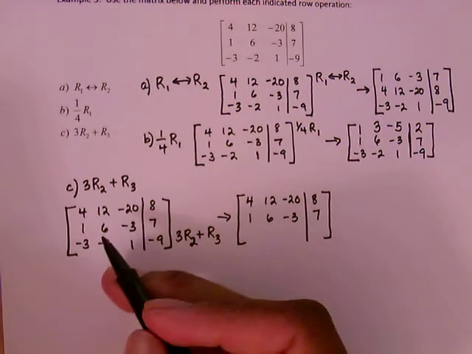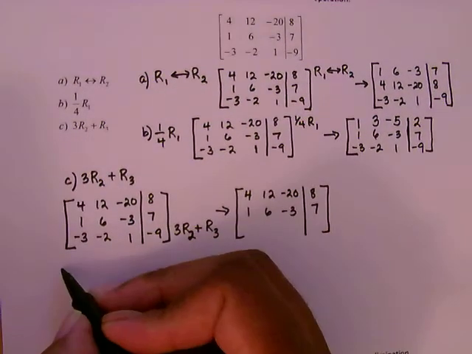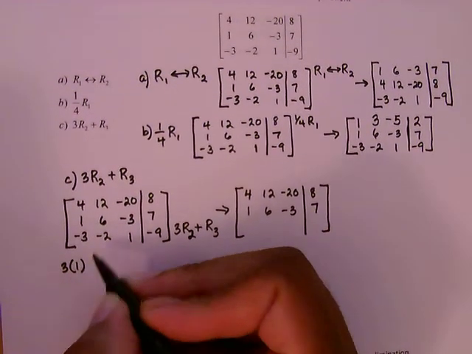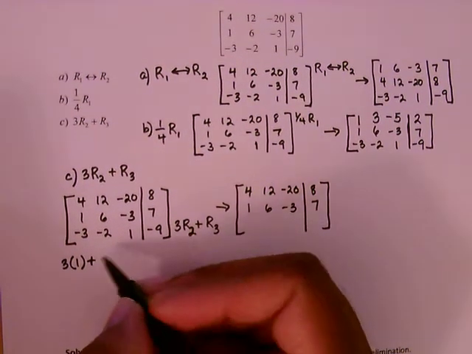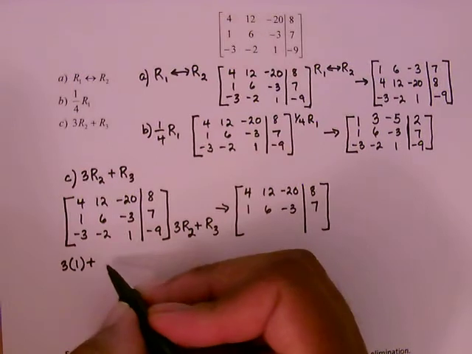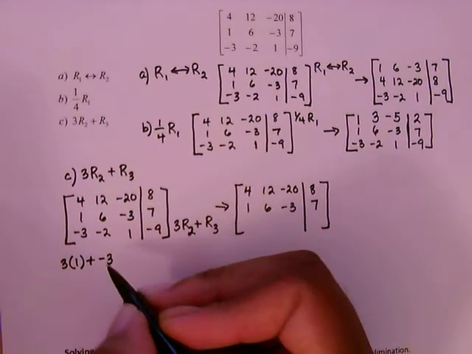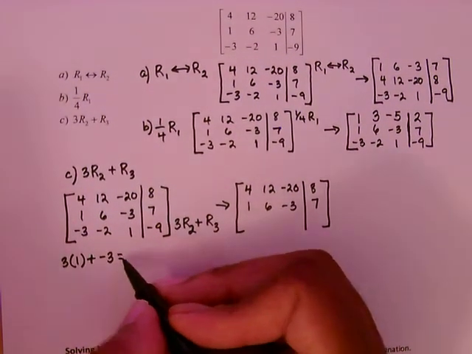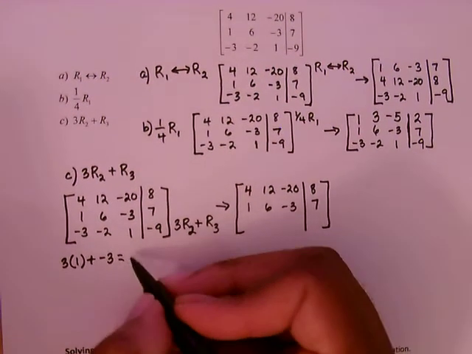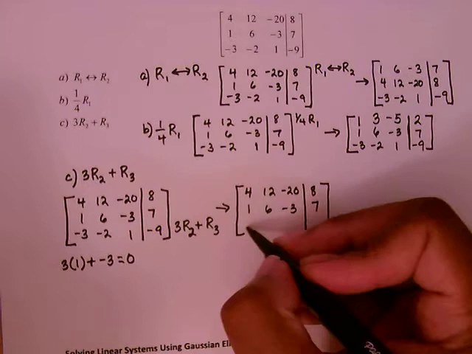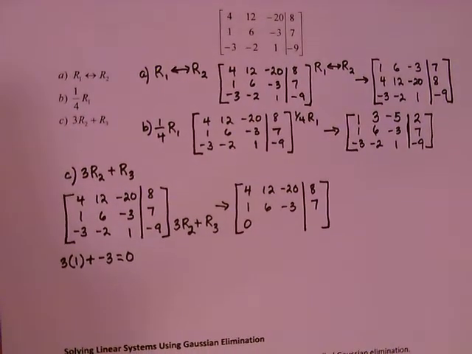So that means I'm going to do 3 times 1, and I'll write this down at the bottom. 3 times 1, and then I'm going to add that to the corresponding element in row 3, which is -3. So in this case, 3 times 1 would be 3. 3 plus the -3 is 0. So that 0 is going to go here.